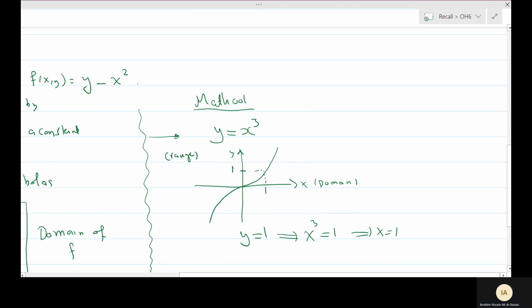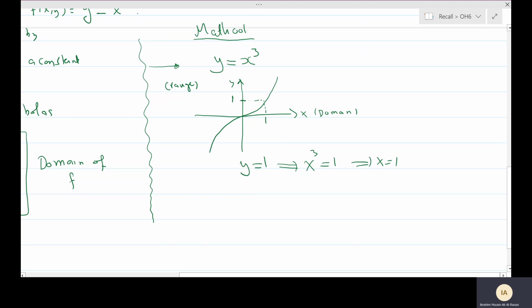Now, which value is going to 2? If y equals 2, what are the values in the domain having the image 2? So x cubed equals 2, and then you solve. So x equals the cube root of 2.